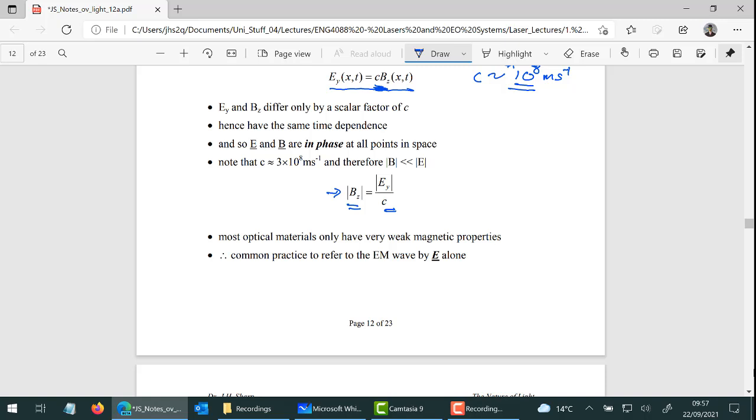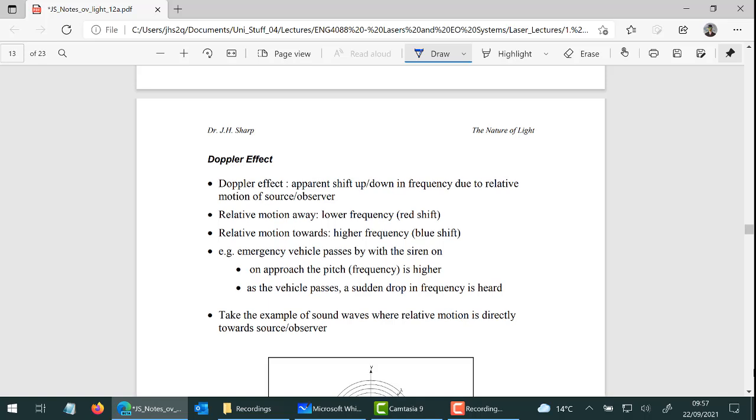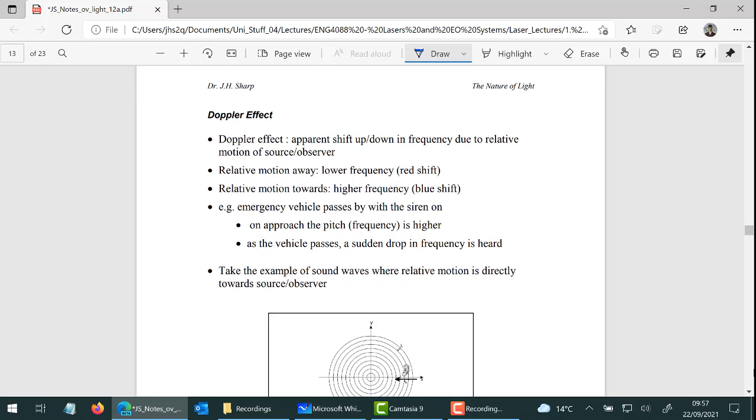Generally, the sorts of materials like glass and plastics that you use in optics and lasers are not strongly magnetic materials. So you have a weak magnetic material and a very weak magnetic field, so we can assume therefore that the electromagnetic wave is effectively well represented just by the electric field alone.